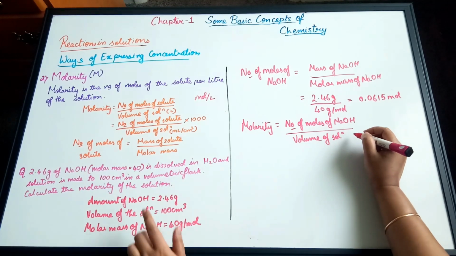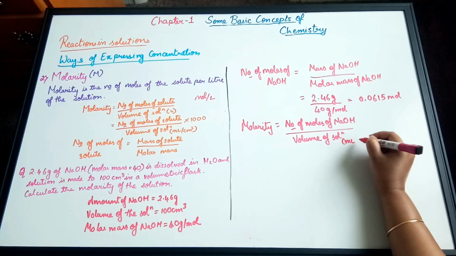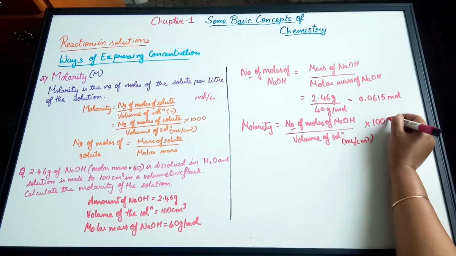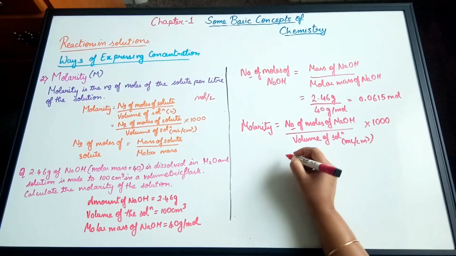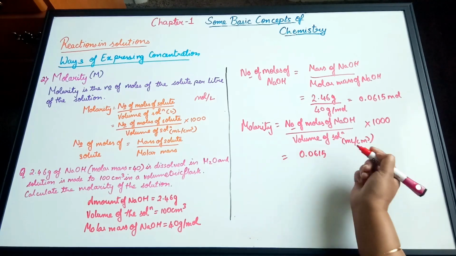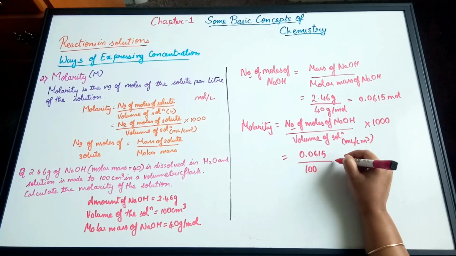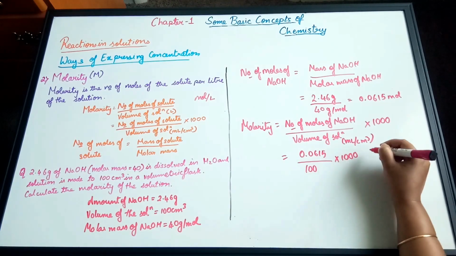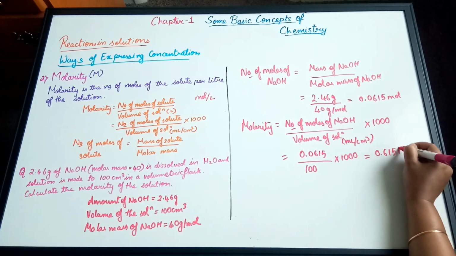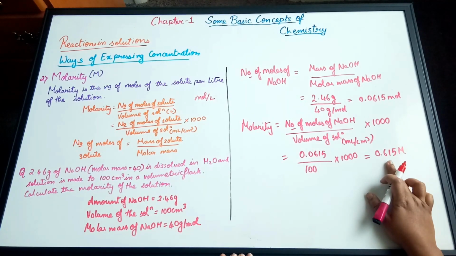Since this is in 100 centimeter cube, we'll be using this formula, so mL or centimeter cube, multiplied by 1000. So here we got 0.0615 divided by the volume, which is 100, multiplied by 1000, and this gives us 0.615 molar. So the molarity of the solution is 0.615.